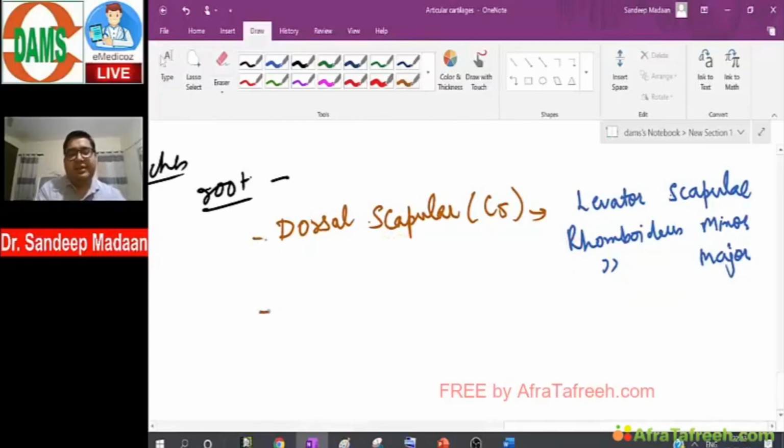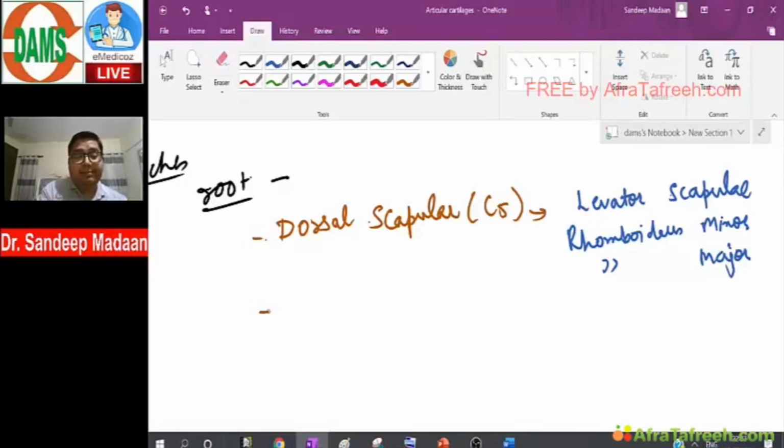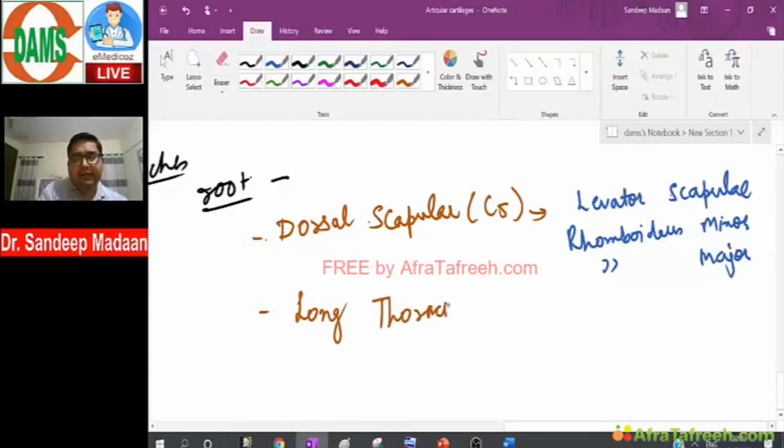Dorsal scapular. Then we have the long thoracic nerve, root value C5, 6 and 7.